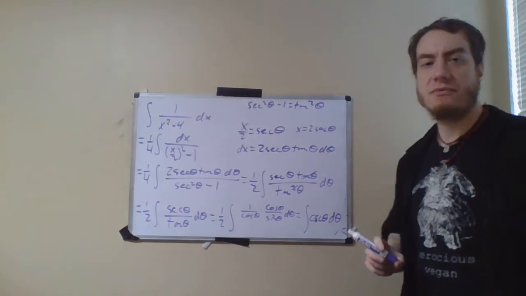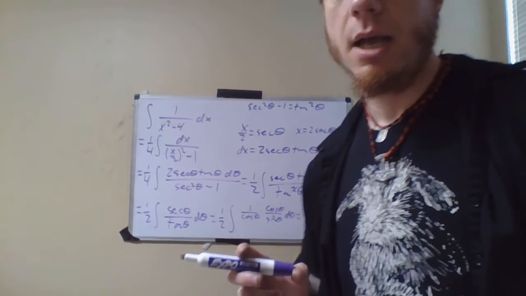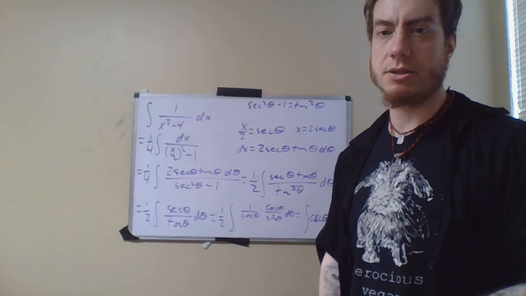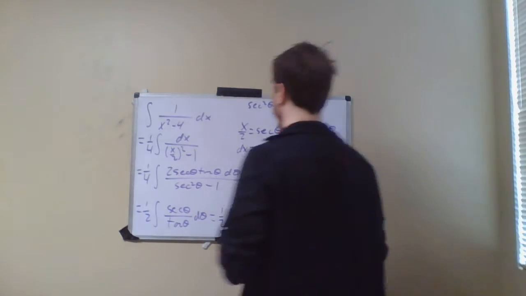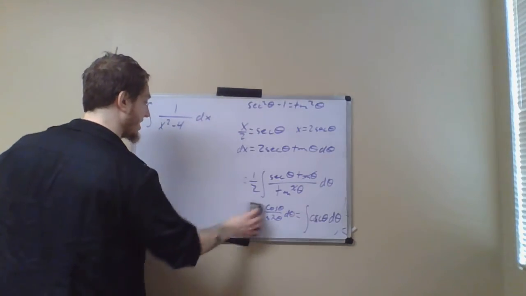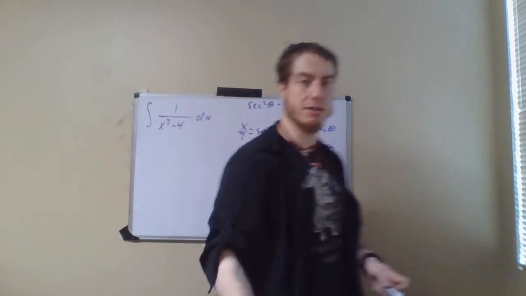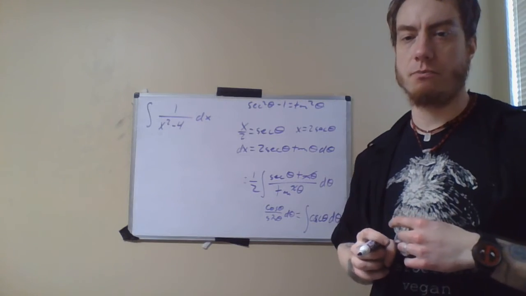And now we just have to figure out what is the antiderivative of cosecant. Now this is frankly one that you're probably going to want to remember because it does come up an awful lot. But the antiderivative of cosecant is kind of similar to the antiderivative of secant. And the way that you find it is with a similar multiply by something that is kind of complicated, and it sort of pops out of that.